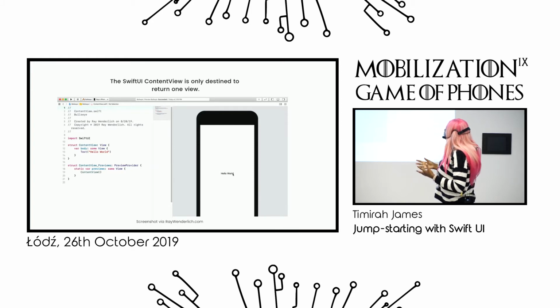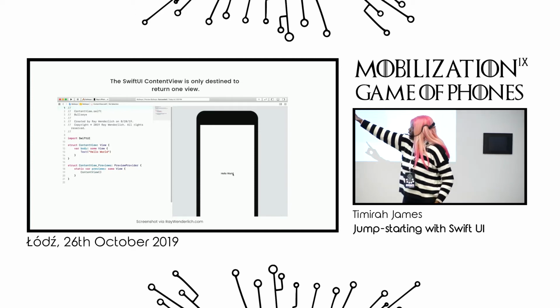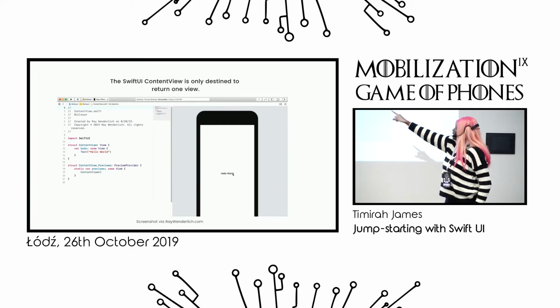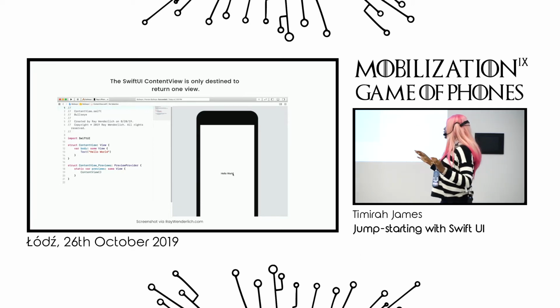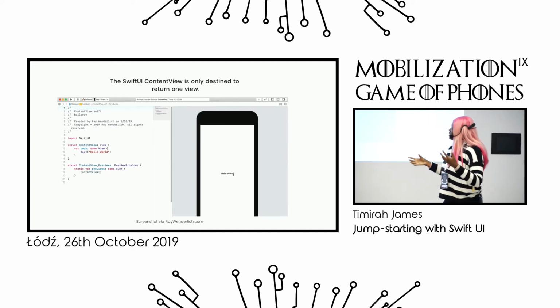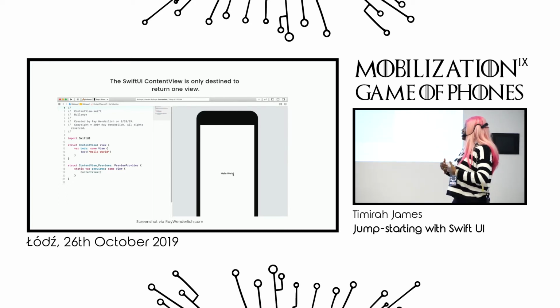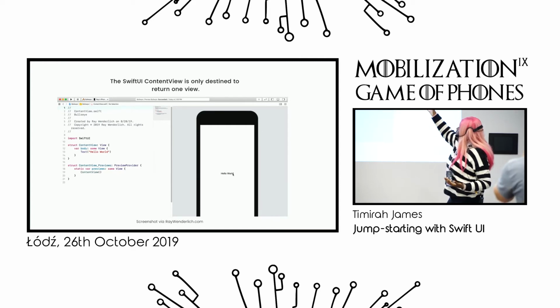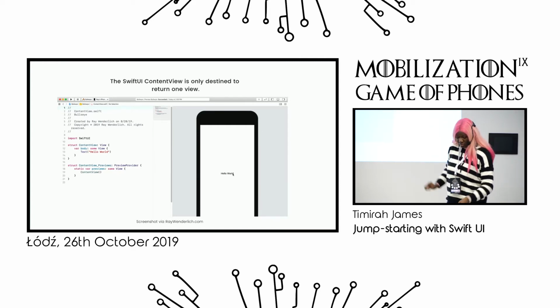What I want you to note is that the content view is only destined to return one view. This text element right here, that's one view. If we wanted to add something else, we have to build on top of that, and I'll show you exactly what that means. But basically, content view is only destined to return a single view.